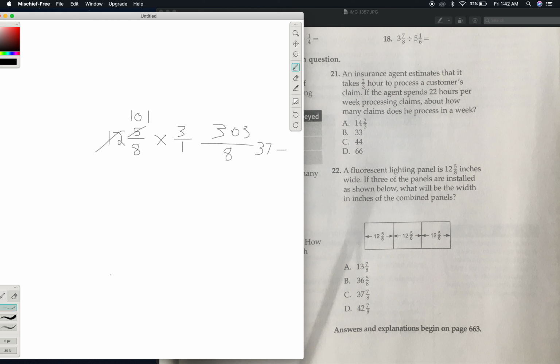Well, you can just kind of count this one up. Would be 4, 5, 6, 7. So the difference is 7. Put 7 there and 8 here because that's the denominator. Then can these be simplified or reduced? No, they can't, because there's no number that will go into both of them evenly besides 1, which doesn't count. So 37 and 7/8 is letter C, and that is your answer.